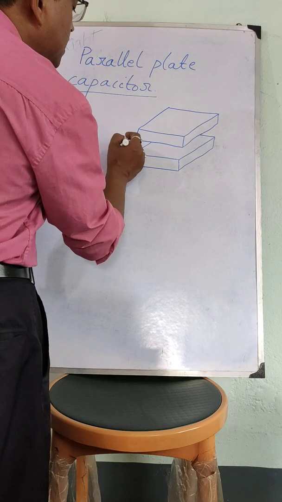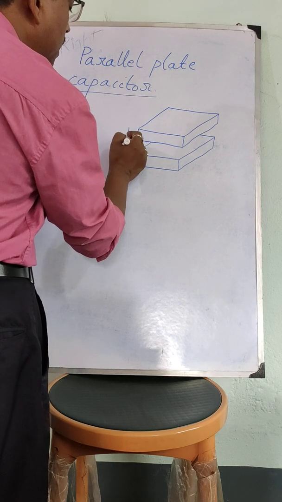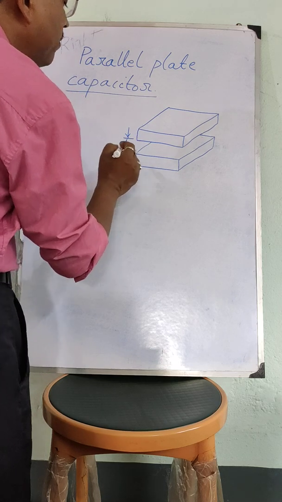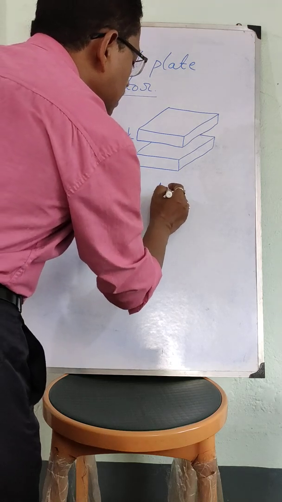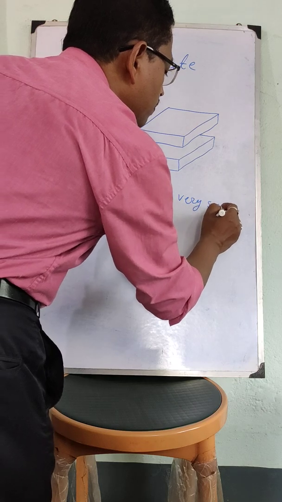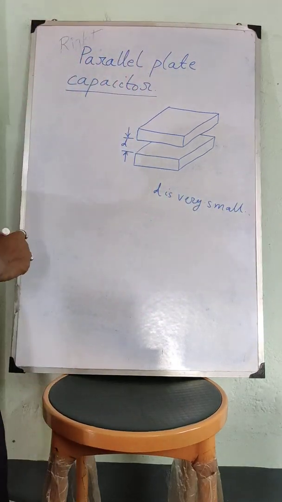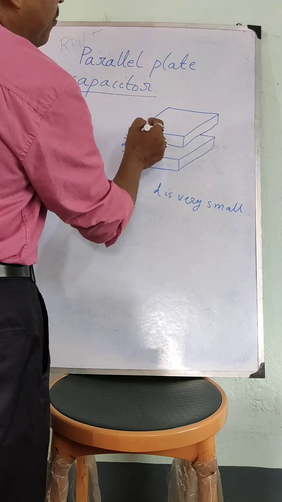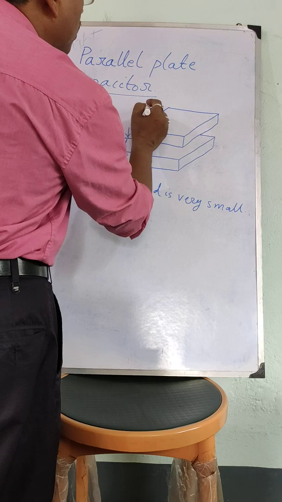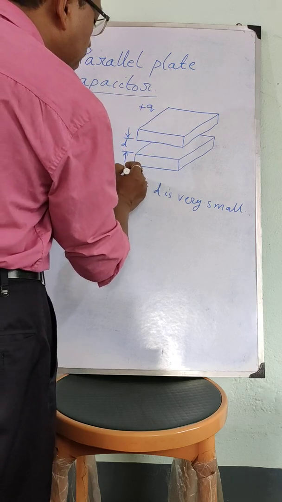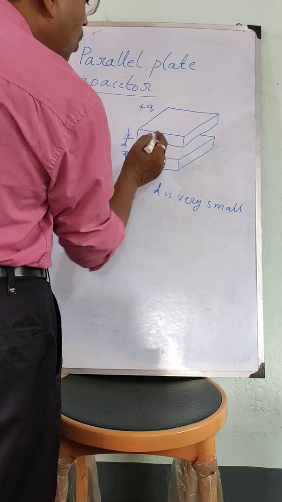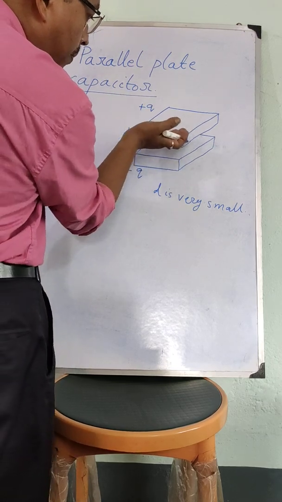Okay, now this distance between the two conductors, D, is very small. Now, if I put some charge, suppose plus Q charge I am putting on the conductor, and here I am putting minus Q charge, so all the charges will reside on the lower surface of the upper plate.